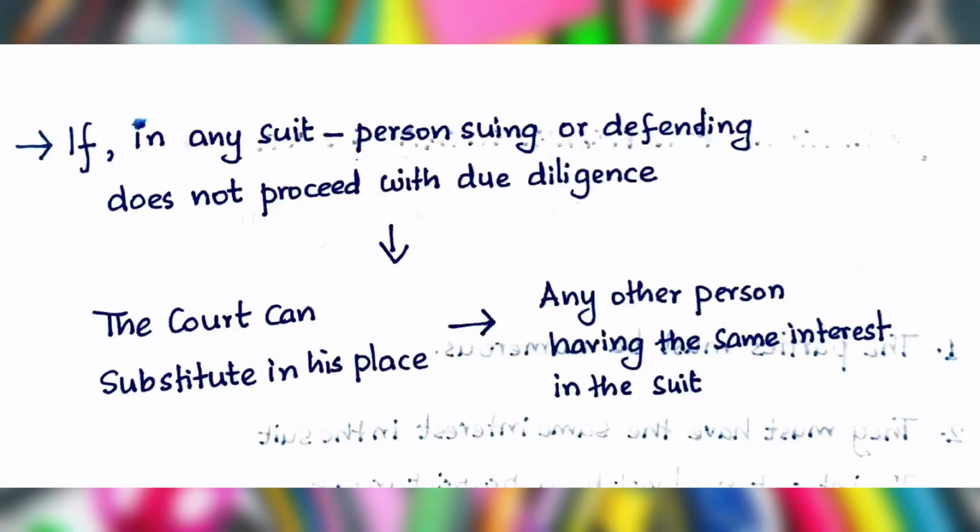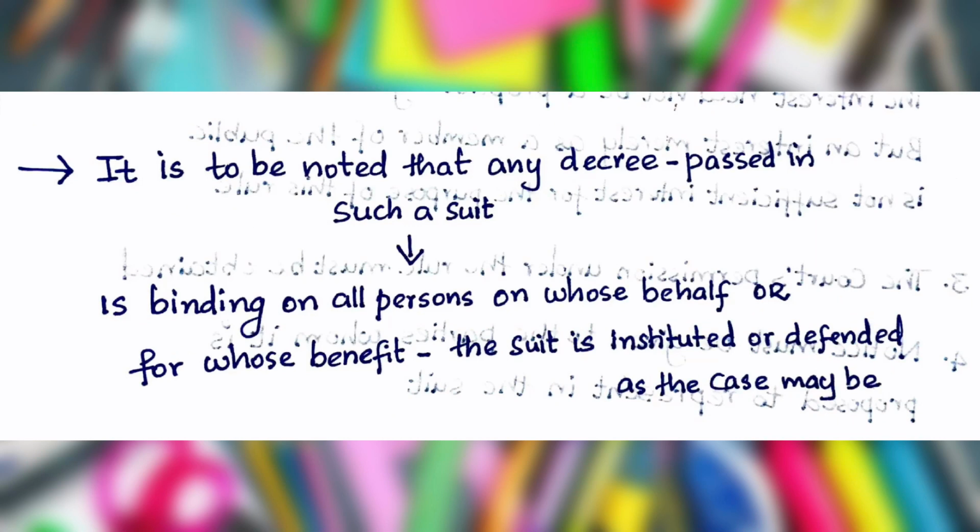If in any suit, the person suing or defending does not proceed with due diligence, the court can substitute in his place any other person having the same interest in the suit. It is to be noted that any decree passed in such a suit is binding on all persons on whose behalf or for whose benefit the suit is instituted or defended, as the case may be.